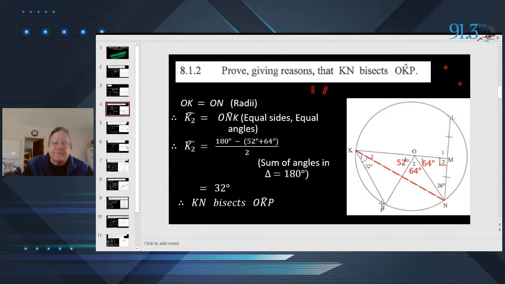So to conclude, what do we want to show? We want to show that K1 is equal to K2. So in other words, if K1 is 32, K2 has to be 32 as well. So how are we going to do this?